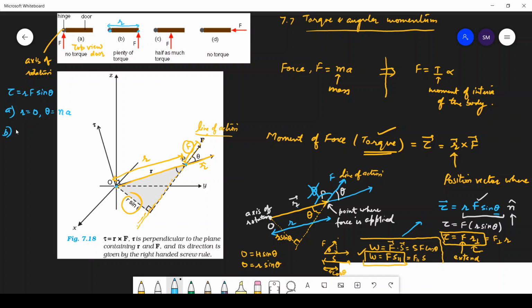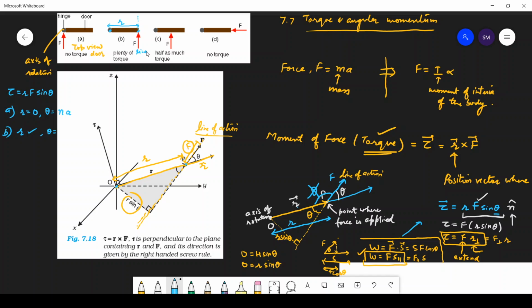What is theta here? R is there. What is theta? 90. See, don't be in a hurry. Always draw the line of action.